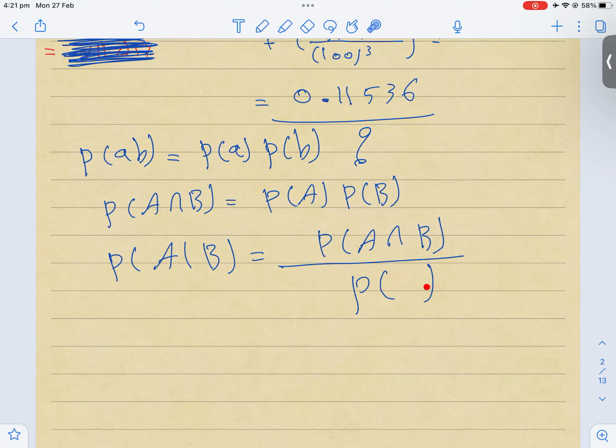What should I write here? A conditional probability, year 10 mathematics.